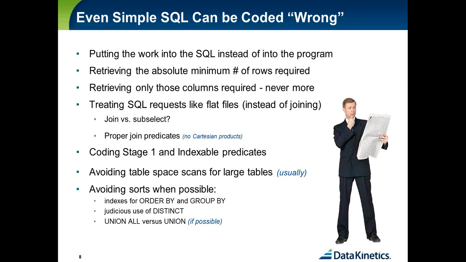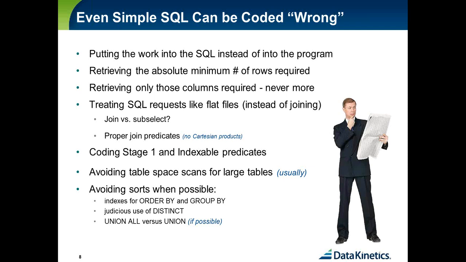Things like the relational mindset, where people move to DB2 from working on flat files, and they try to use DB2 just like their flat files. This is bad. This is what gives DB2 a bad reputation, with people saying things like, oh, DB2's a pig and it's going to eat the lunch of the CPU. Well, if you use it wrong and treat it like it's not a relational DBMS, then yes, it's going to do that.